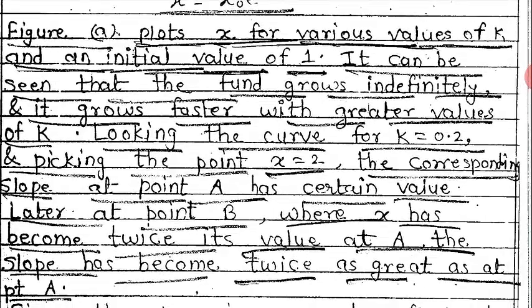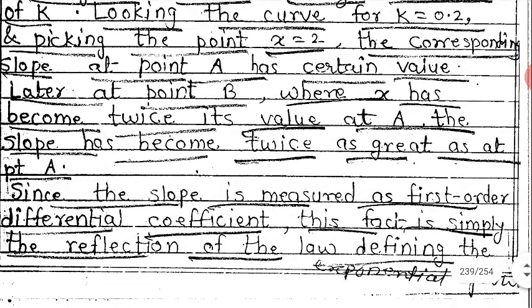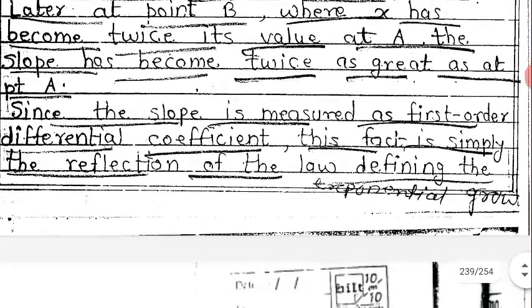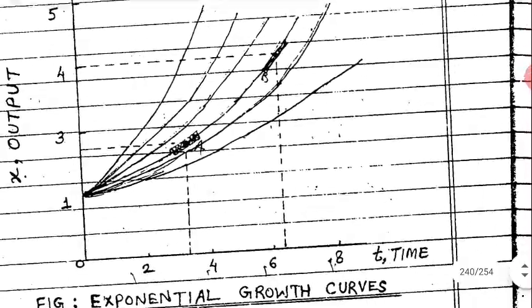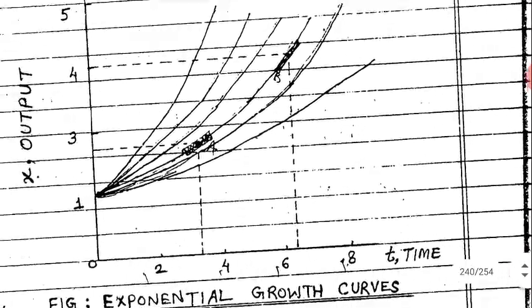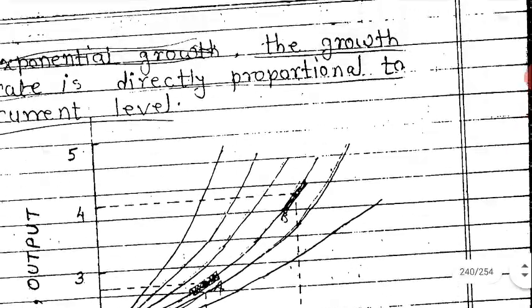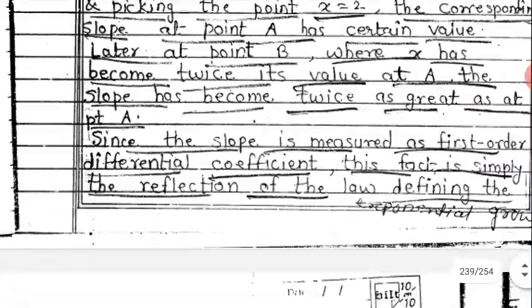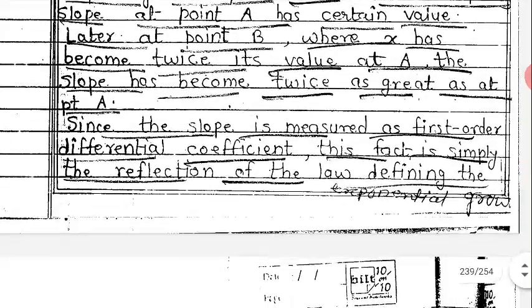Picking the point x is equal to 2, the slope at point A is smaller and certainly larger at the later point B. If you see in this diagram the curves given here, A, B, C, D, E, they have the same nature, and the slope has become twice as great as at point A.